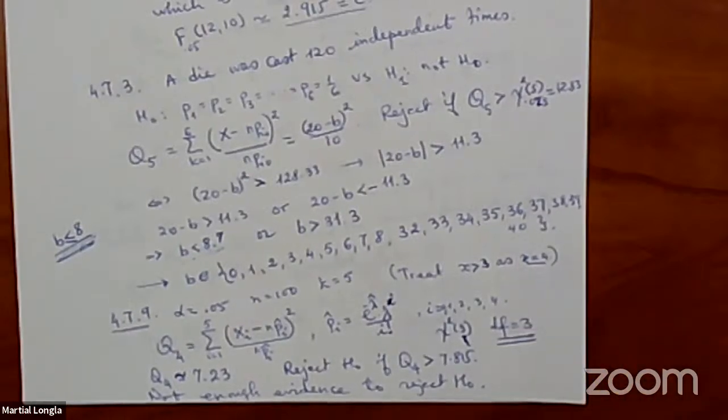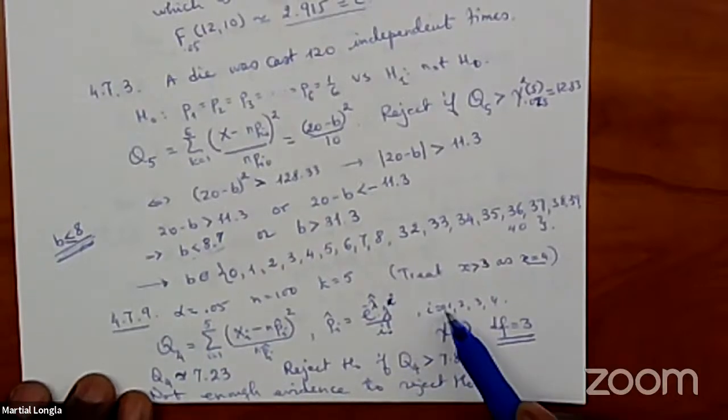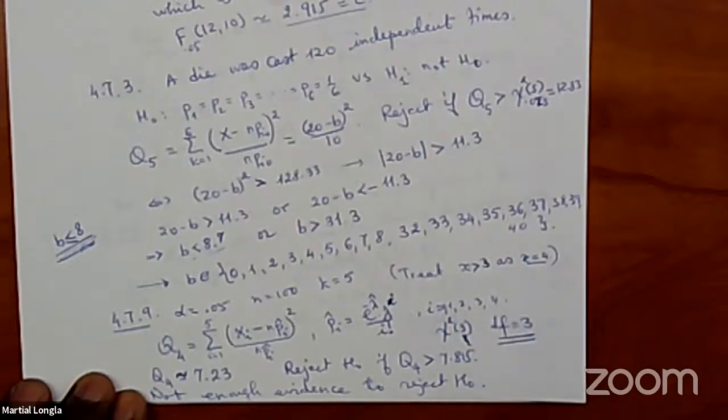Again, we write the formula of the chi-square. In this case, when we write down the formula of the chi-square, we got 5 levels, which are listed as 0, 1, 2, 3, 4. So sum i from 1 through 5.